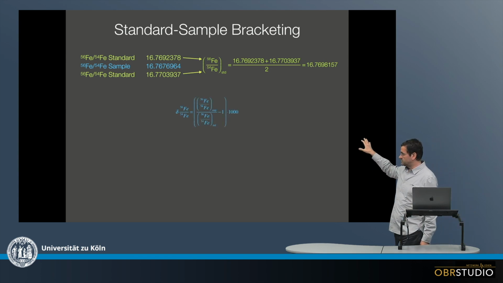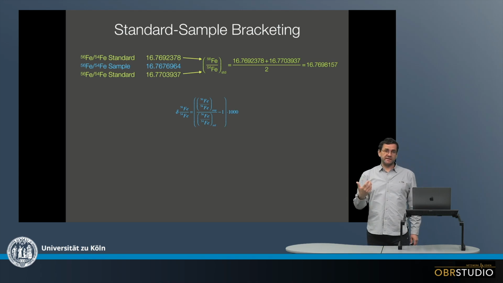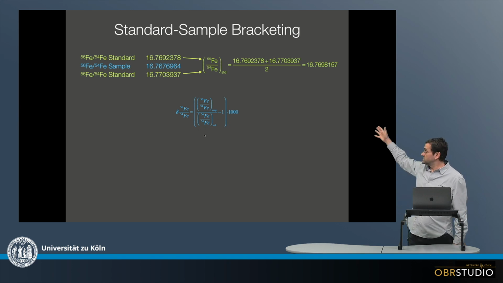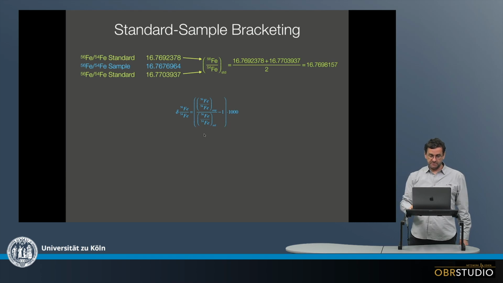And then I use the equation for the delta notation, which is delta 56 iron divided by 54 iron: the 56 iron divided by 54 iron ratio in the sample, so this ratio here, divided by the ratio in the standard, which I just calculated.